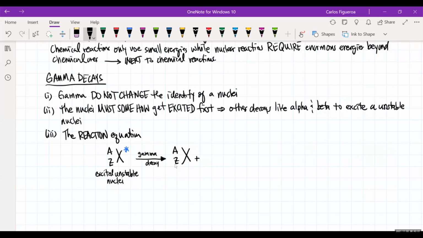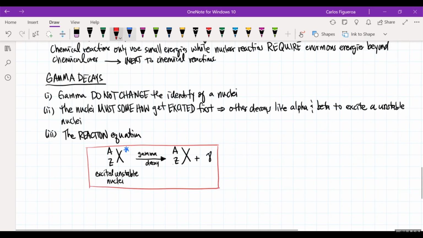But now it sends out a gamma particle. I should have something like this, where the blue here means it's an excited nucleus.